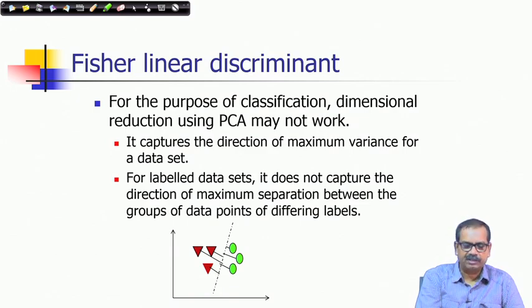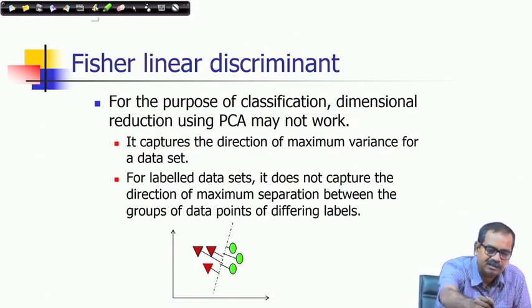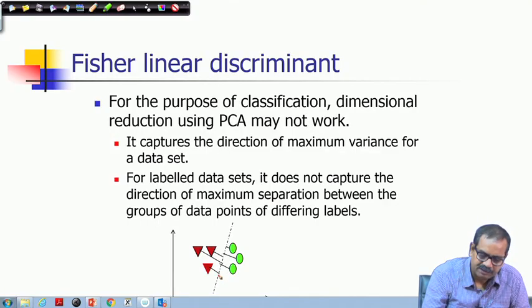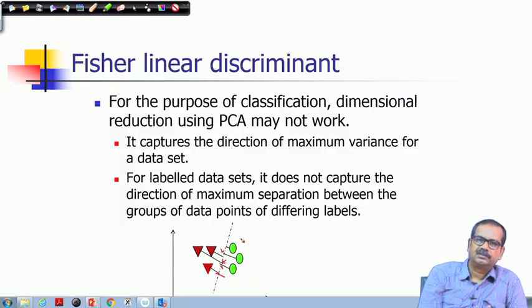But if I take the projections, as you can see here, within these intervals the projected data points are intermingled. So, they are not well separated. They cannot be segregated using simple interval rules. They cannot be discriminated by those rules.